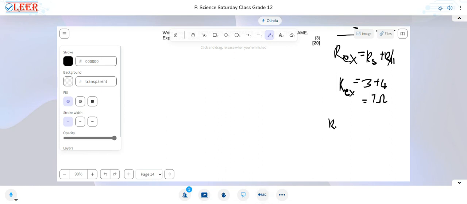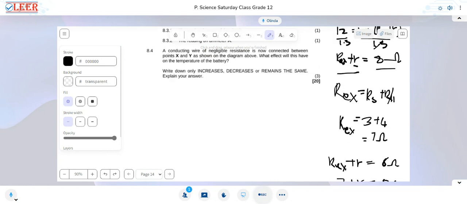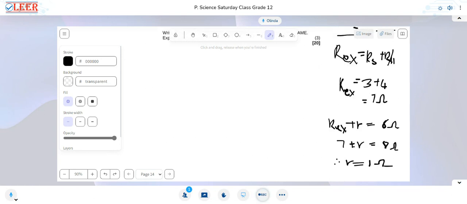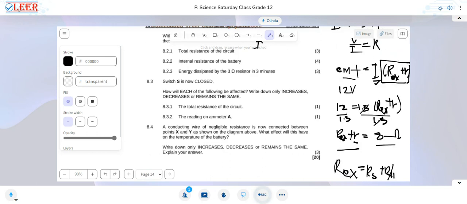We know that R external plus R internal is equal to 8 ohm. I know that 7 plus R is equal to 8 ohm. Therefore, R is equal to 1 ohm. You have to first calculate your external resistance, because we have two unknowns. We can only solve one at a time.